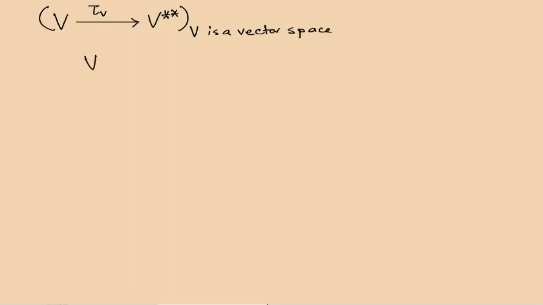finite dimensional vector spaces, two vector spaces, there are two functors. One is the identity functor. Let me write it as this. And the other is the double dual functor.